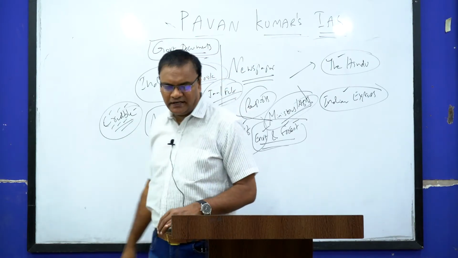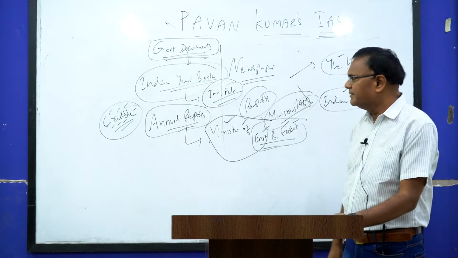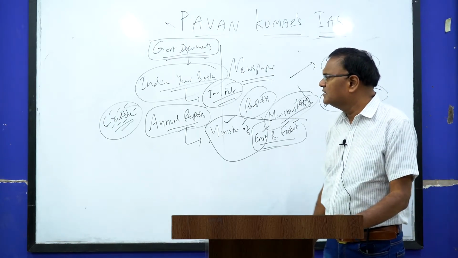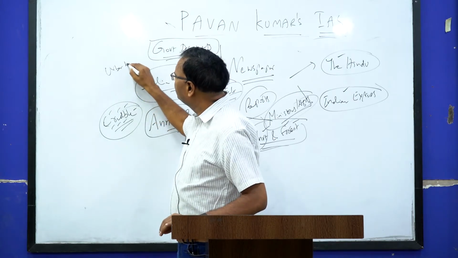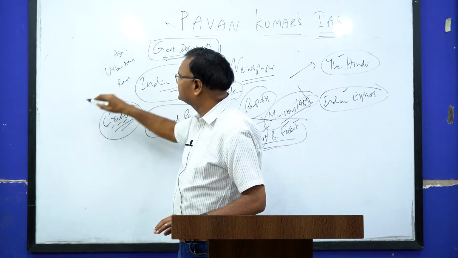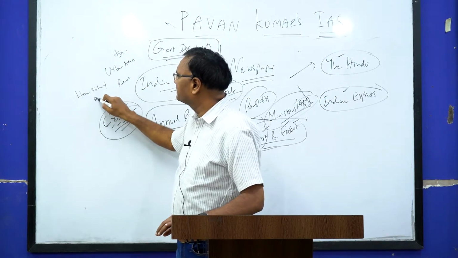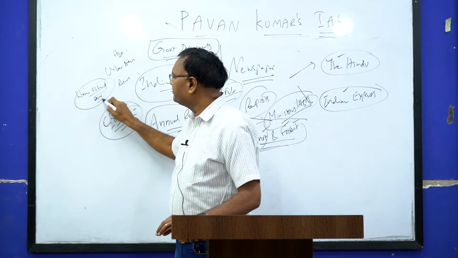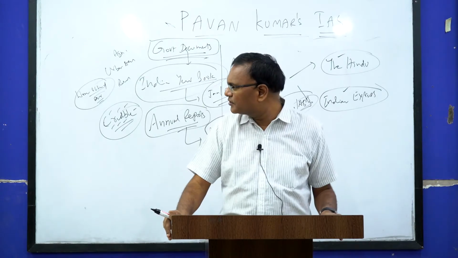And that is the reason why you must go through the annual reports of important ministries and departments. For example, Ministry of Urban Development, Ministry of Rural Development, Ministry of Agriculture, Women and Children Development. These are all important ministries and they come out with their annual reports.